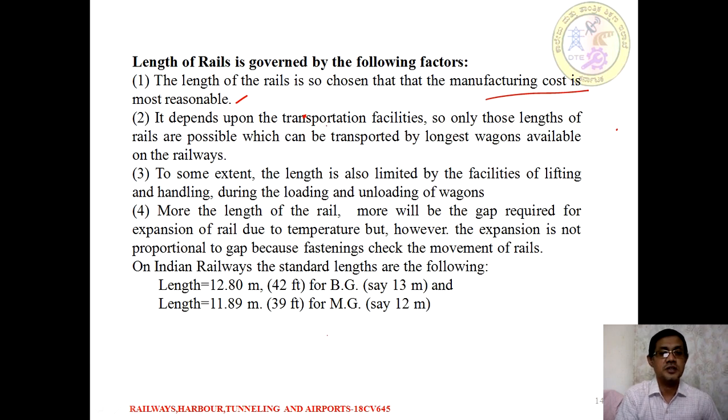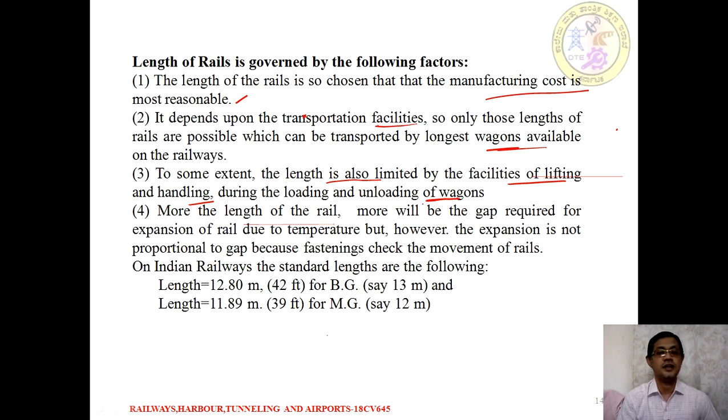It also depends upon the transportation facility, that is, what type of facilities we are going to provide over a network. It means the facility with respect to the wagons and bogies available over the sections in the network. To some extent the length of rail is also limited by facilities of lifting and handling, that is, the laying, relaying or maintenance part, and also the loading and unloading of the wagon.